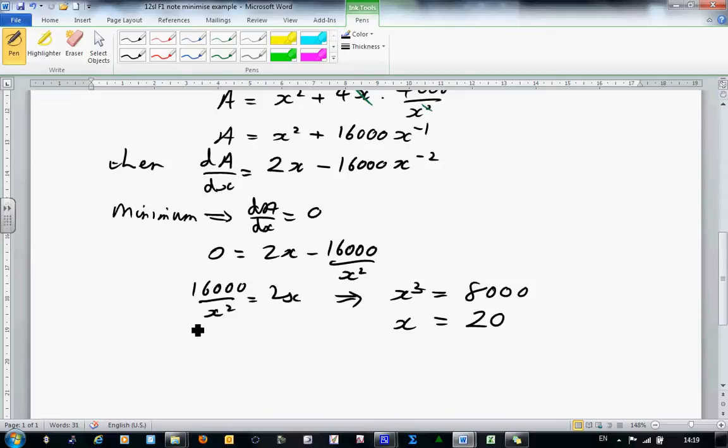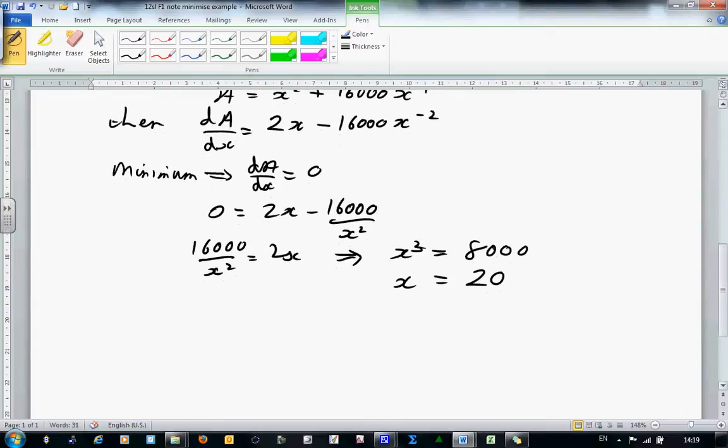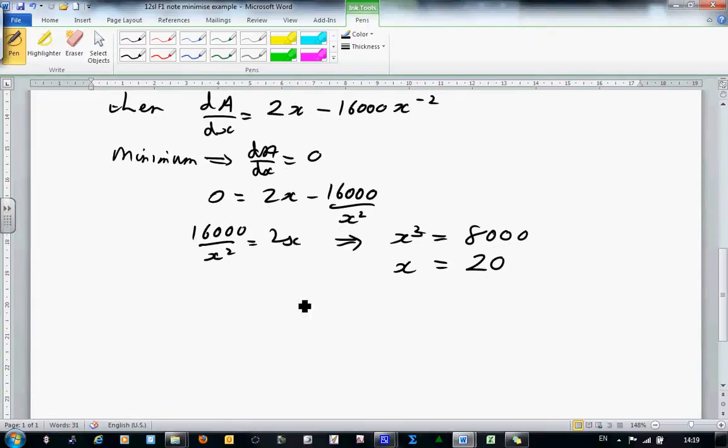We've got, when x is, let's just put 20 in there. Alright, and that's x. And we've got dA/dx in here. And gradient is 0 at that point.